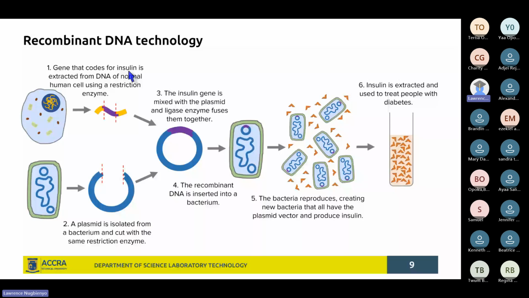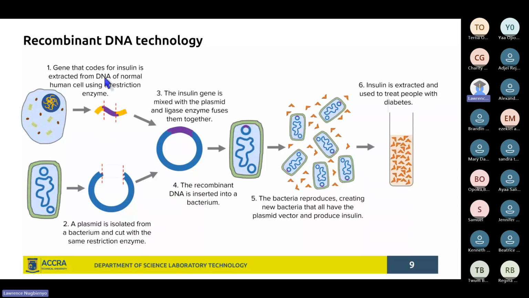So of course, this will be an application in the pharmaceutical industry where you want to produce insulin and use it to produce some pharmaceutical products for the management of diabetic conditions. And you see that there is the gene that codes for the production of insulin. It's a protein. Insulin, that's a protein. And so you have a gene that codes for the synthesis of that.